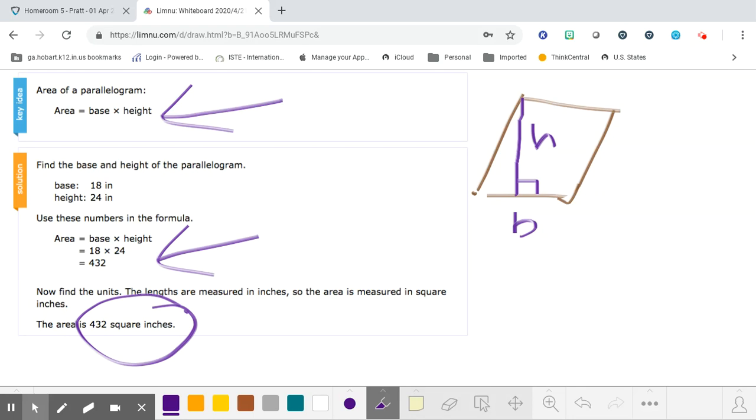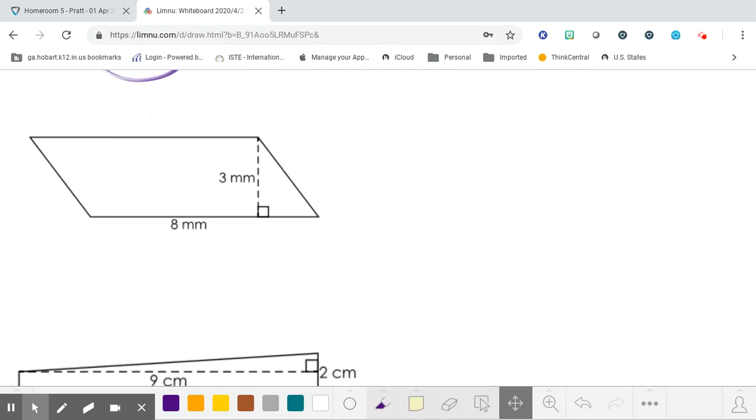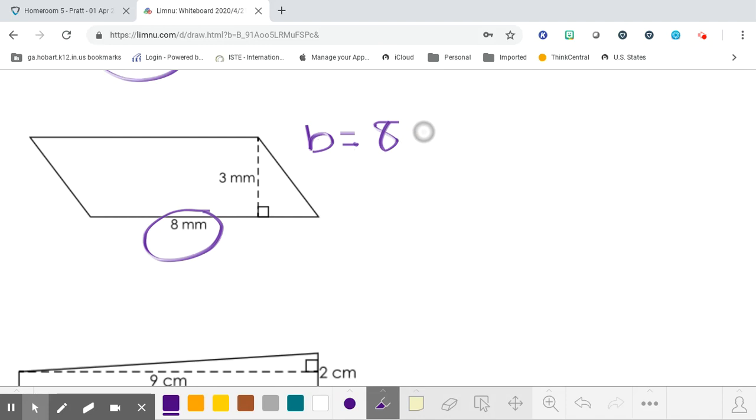Okay, so we're going to do an example together. All right, so for this example, we have our base of 8 millimeters and our height of 3 millimeters.